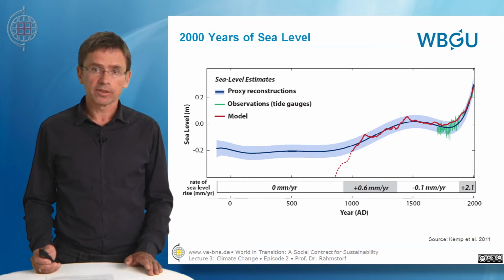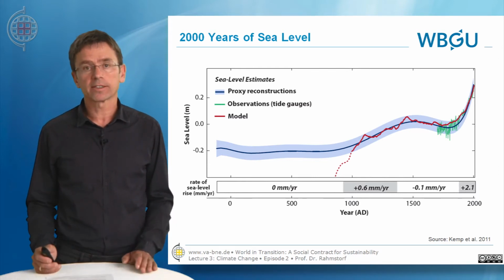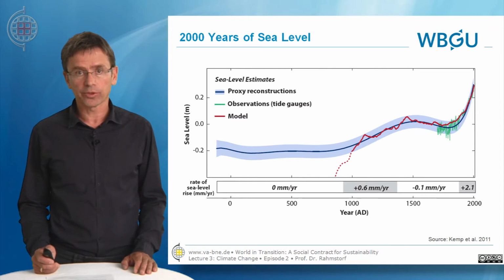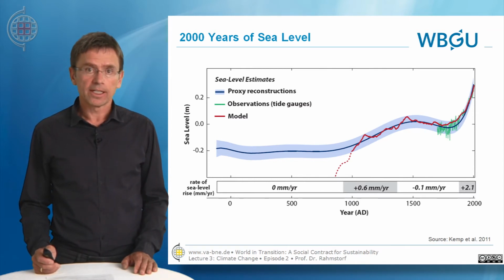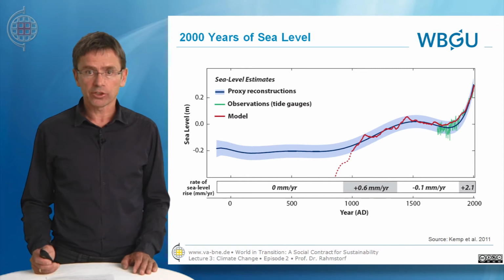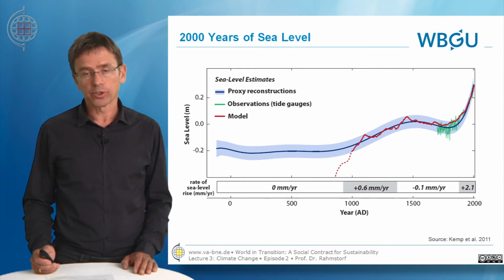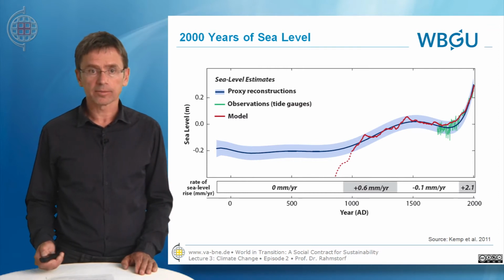And this, for the last 1,000 years at least, can be understood very well with the help of the global mean temperature and this very simple formula that I mentioned earlier, the result of which is shown in the red curve here, which very closely reflects the sea level evolution over the past 1,000 years.